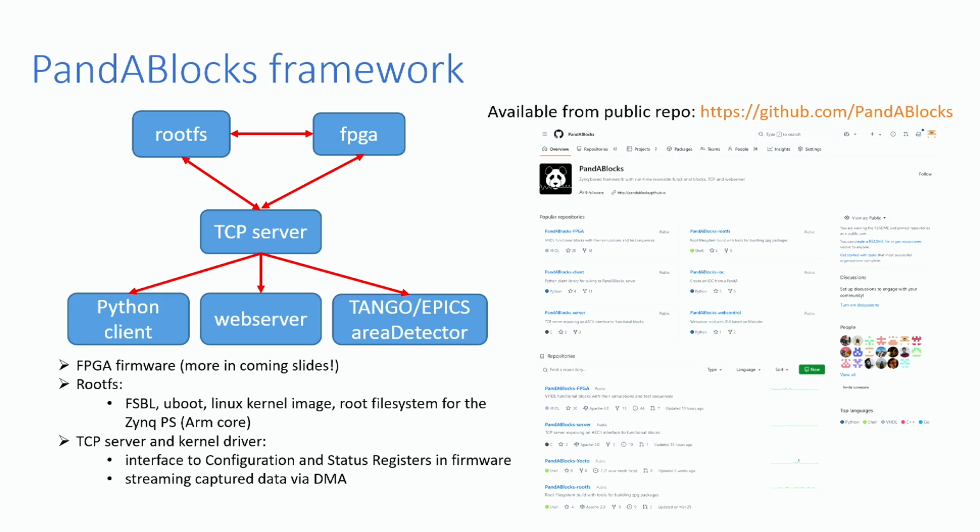So this gives us an interface to the configuration status registers in the firmware, and for streaming data via DMA. Then we also have a custom web UI, which is the most commonly used interface for the system, but also a Python client and Tango and EPICS support into the control systems.